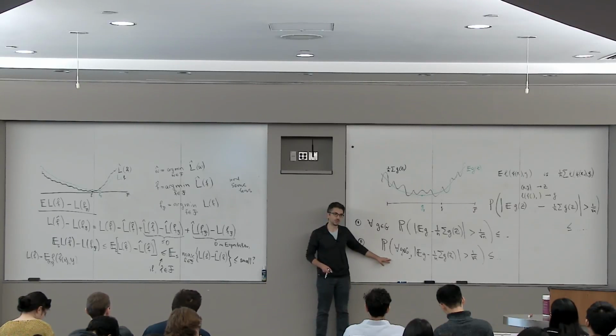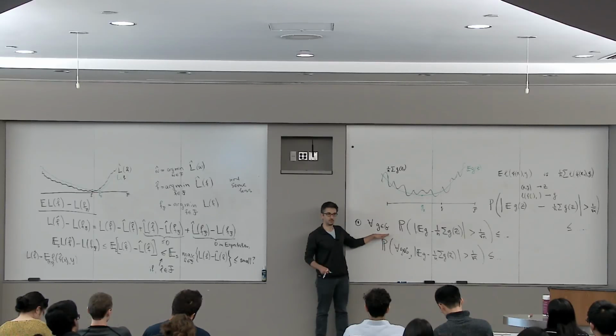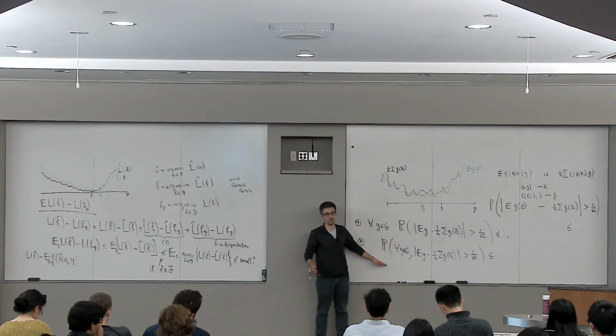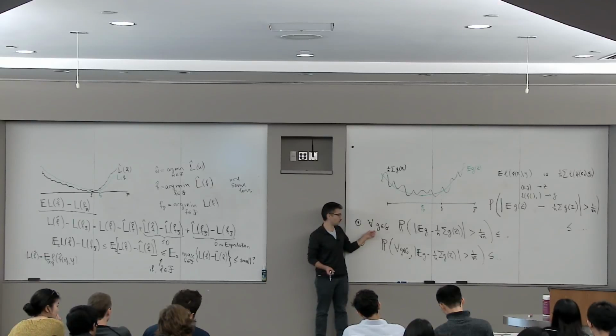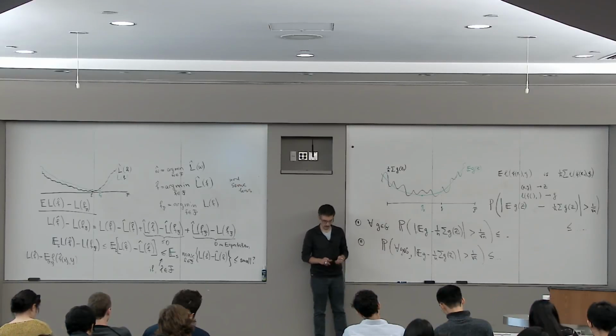And now the question, for the next class, is how do you go from finite to infinite? Because we want to work with, let's say, neural nets with continuous weights, right?